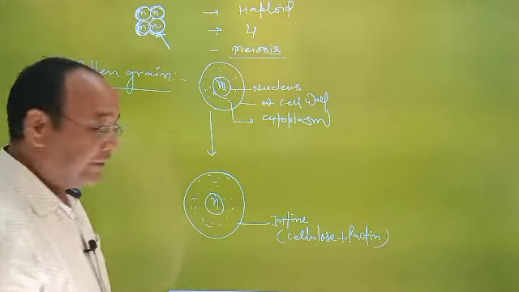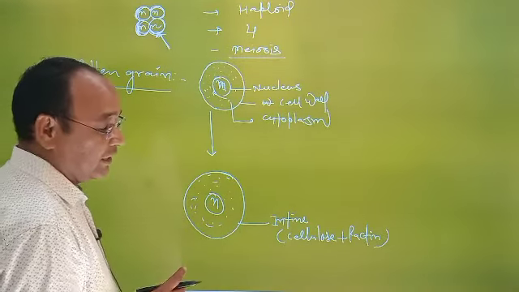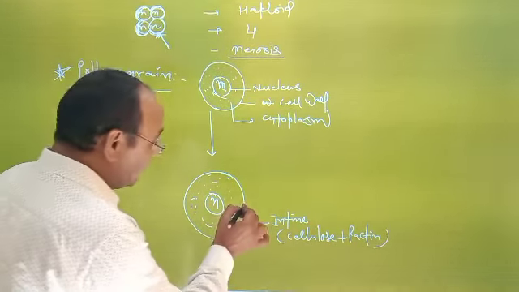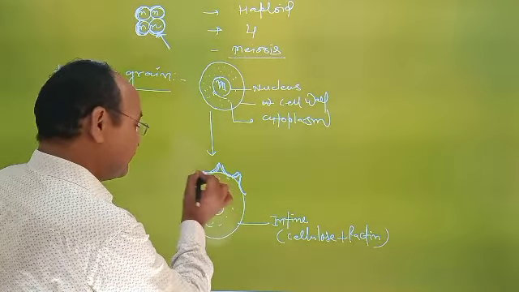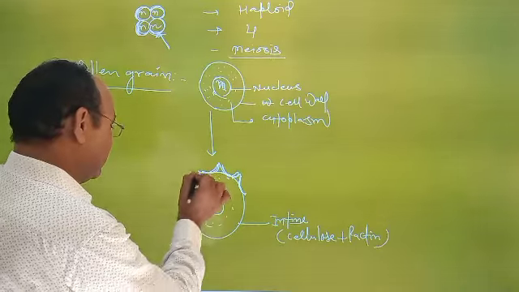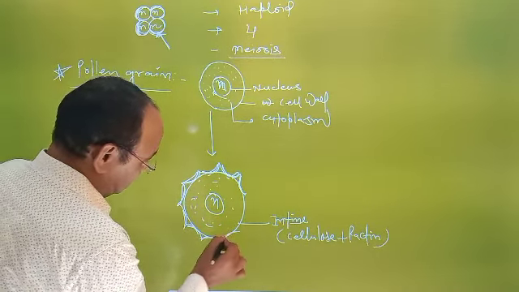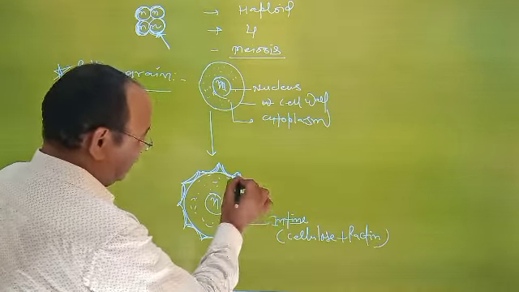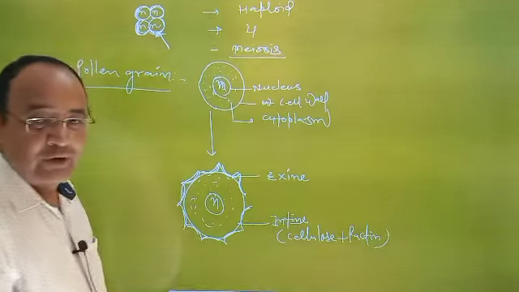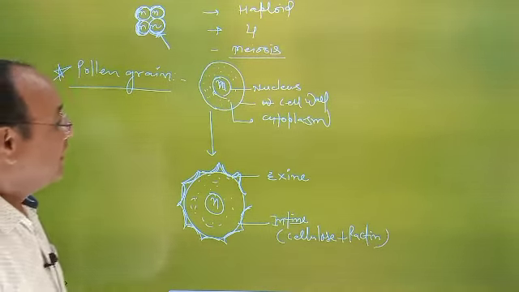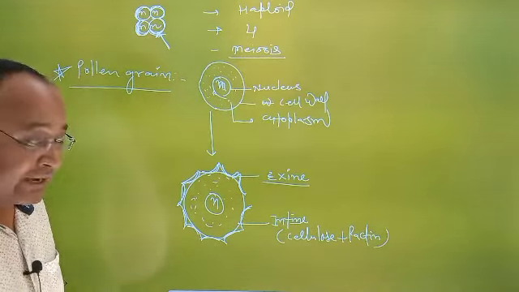Now, due to deposition of sporopollenin, another layer develops on the intine, which is called exine. So in a pollen grain, two layers are present: the outer layer is known as exine and the inner layer is known as intine.